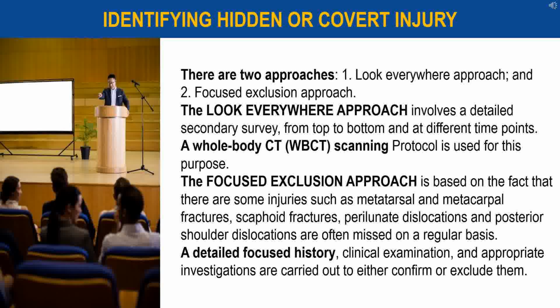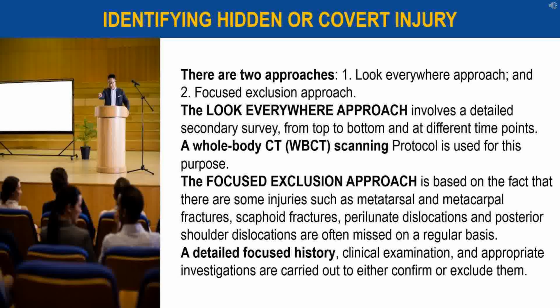After failure of the above mentioned diagnostic approach to identify hidden injury, there are two further approaches. First, the look everywhere approach, and second, the focused exclusion approach. The look everywhere approach involves a detailed secondary survey from top to bottom and at different time points soon after the initial life saving or limb saving treatment. In all major trauma centers, there is a whole body CT scanning protocol in place for this purpose.